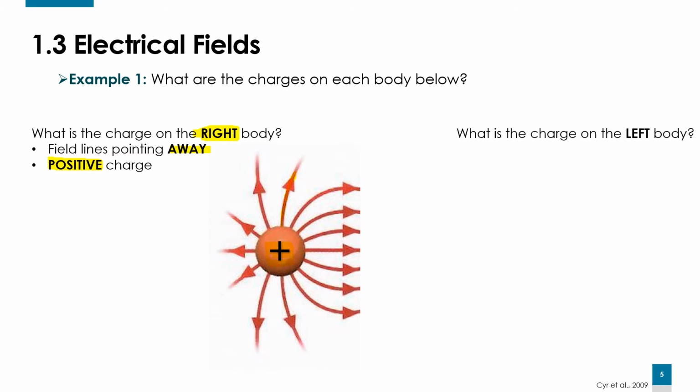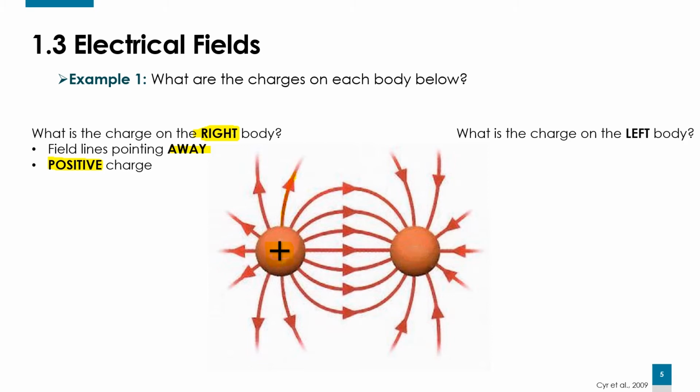Now let's look at the left body. The field points toward it. If it's going toward, which charge should I have here? Negative charge. Very good. Now, what's going to happen to them? Will they attract or repel? Do I have different charges or the same charge?